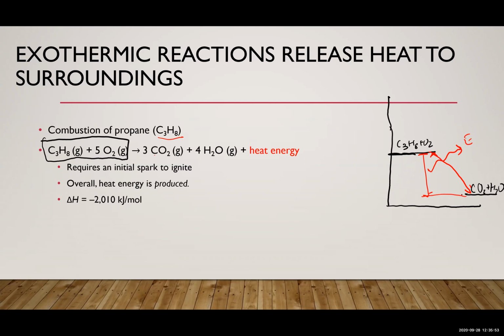And how much is that value? Negative means it's coming out. It is releasing 2010 kilojoules per mole. Either you say negative 2010 or you say 2010 kilojoules released. Released means coming out.